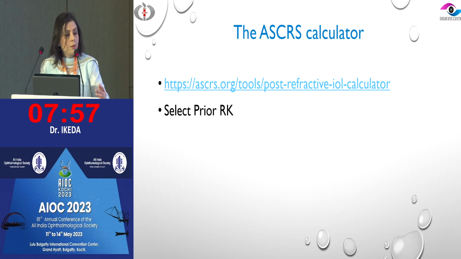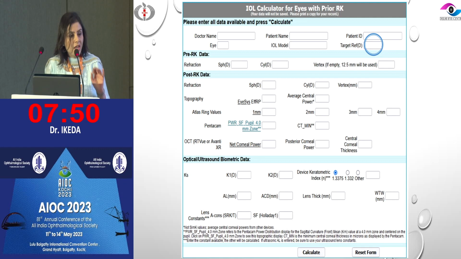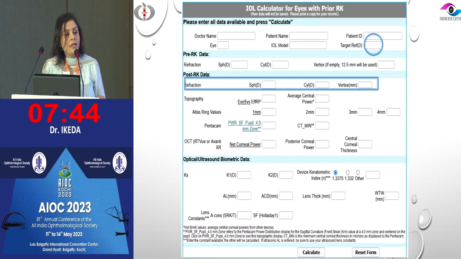We have to select the prior RK module here, and a few of the important points that we need to keep in mind: the target refraction that we enter for these patients has to be slightly myopic and not emmetropic. The post-RK data that we have to fill in should be the most hyperopic refractive error that the patient has, because this would account for and correct the hyperopic shift that these patients experience, and also the myopic shift that can happen due to nuclear sclerosis once these patients develop cataract.